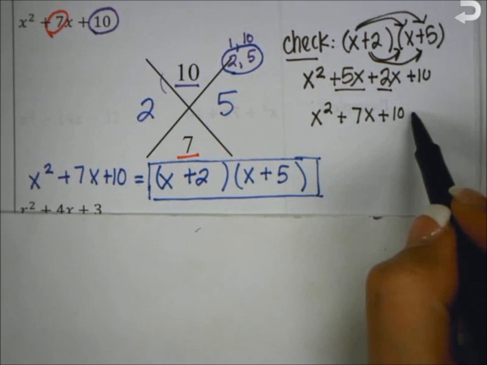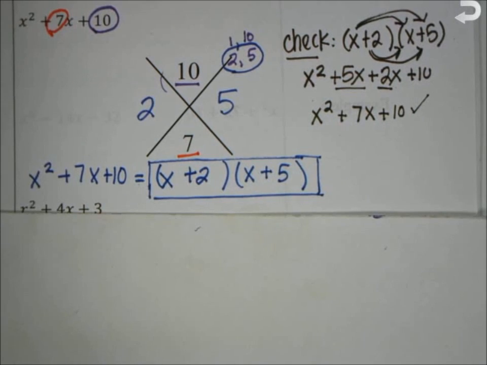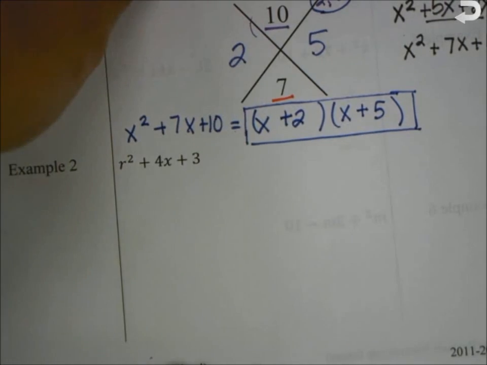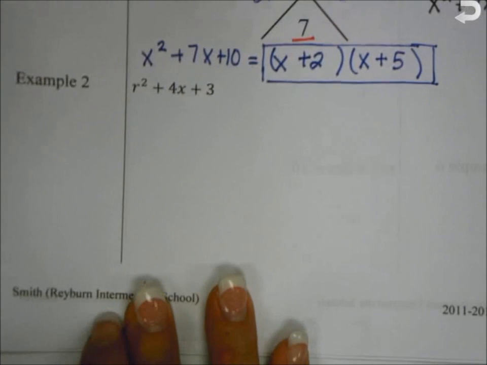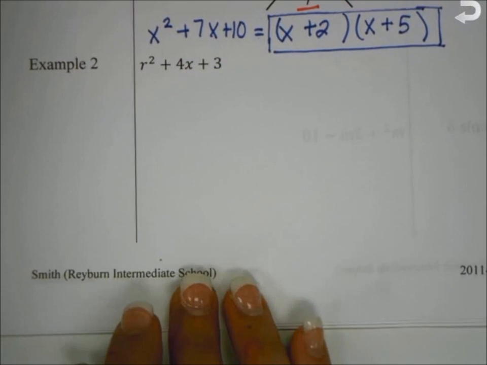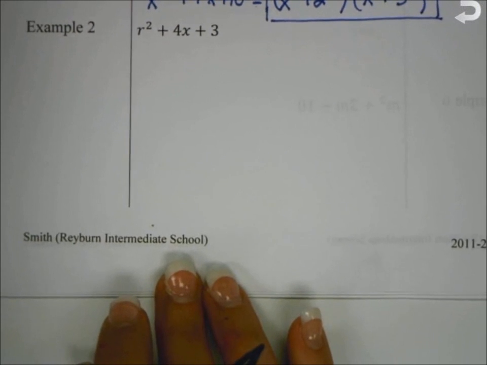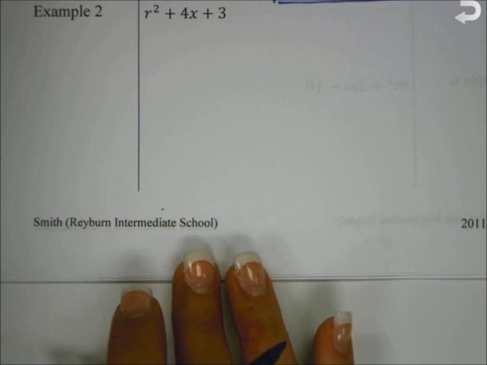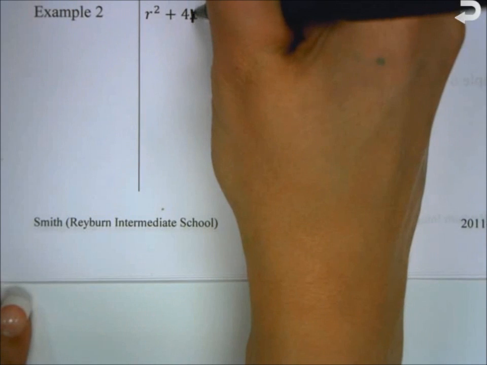Example 2. R squared plus 4R plus 3. Oops, that's supposed to be an R. Your instructions are to factor.